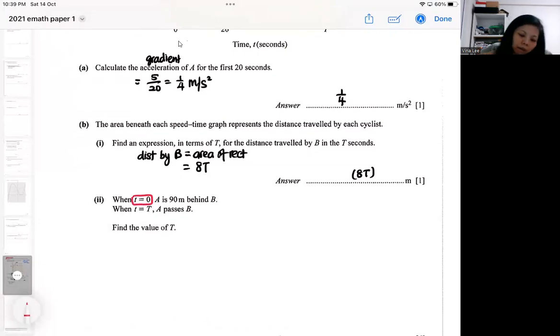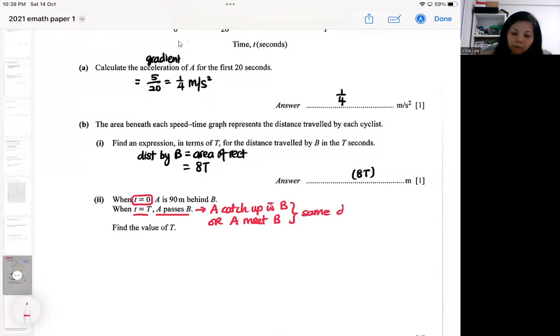And then after that, at a certain time, they actually pass each other. The concept of passes each other can be something like A catches up with B or A meets B. So whenever they meet up, the concept will be they have traveled the same distance. So that is the concept of catching up.